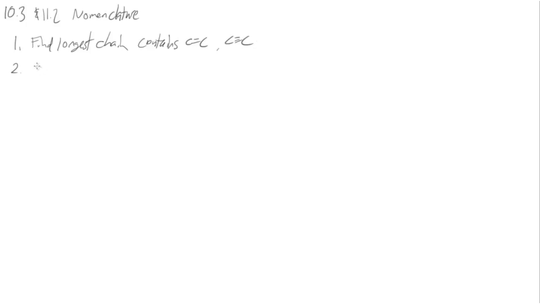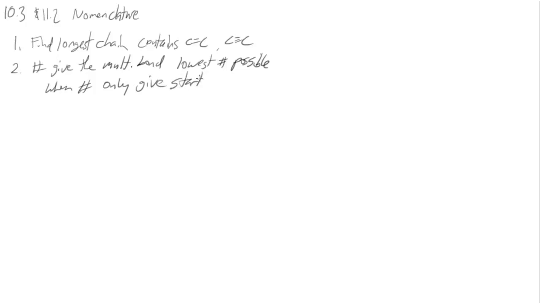Then we're going to number so that we give the multiple bond the lowest number possible. And when numbering, we only give the starting point of the alkene or alkyne, the starting carbon.